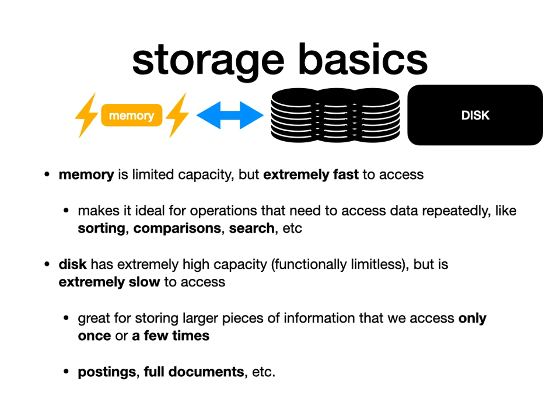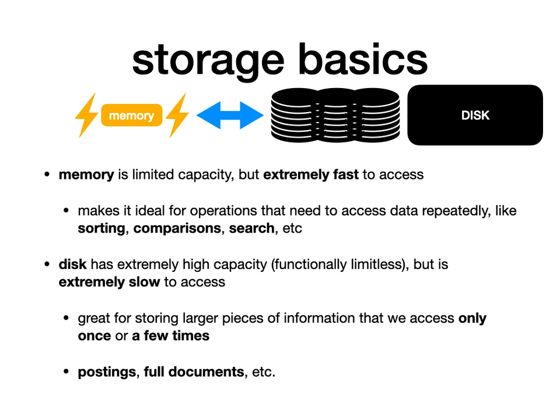That makes it ideal for the data processing we need to do a lot, like sorting, comparisons, and recording occurrences for each document. Whereas the disk has an extremely high capacity, almost infinite, since you could just keep adding hard disks to your storage system, but it's very slow.